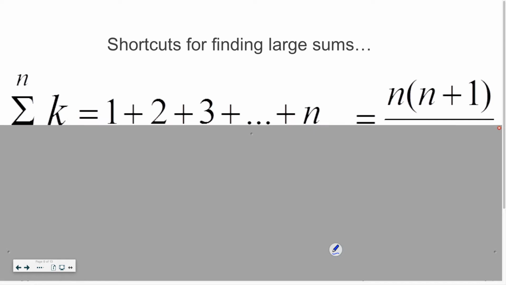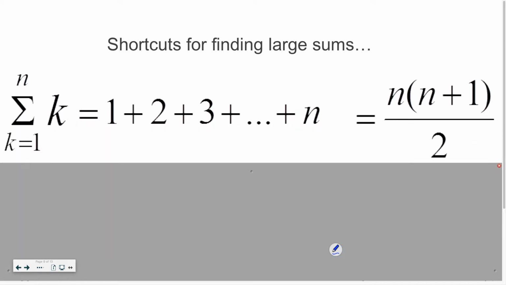So our first shortcut, if we have the sum from k equals 1 to n of k, so 1 plus 2 plus 3 plus 4 all the way to n, it is the same thing as n times n plus 1 over 2.